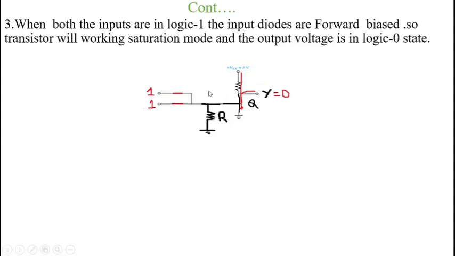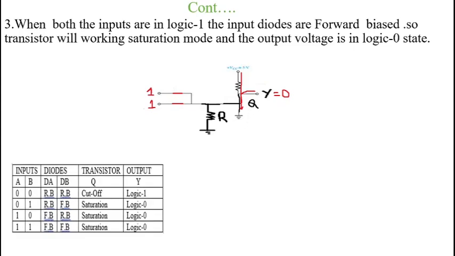Therefore, we get logic 1, and that logic 1 is given to the input of transistor Q. Therefore, transistor Q is operating in the saturation region and acts as a closed switch. There exists a conducting path from output terminal Y to ground, and finally we get the output Y equal to 0. Clear?